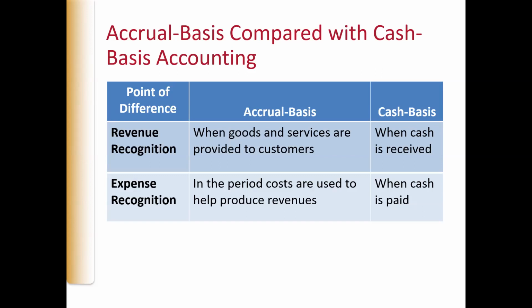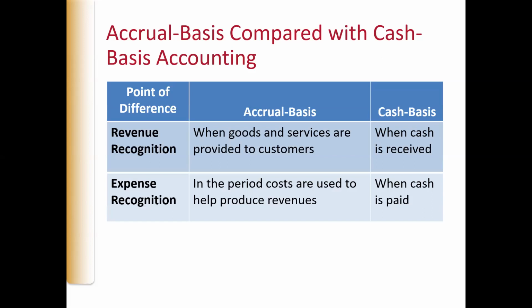Under the expense recognition, for accrual basis of accounting, we record those expenses in the period they're used to help produce the revenues. Under the cash basis of accounting, we would record those expenses when we pay cash, when we paid for those expenses.